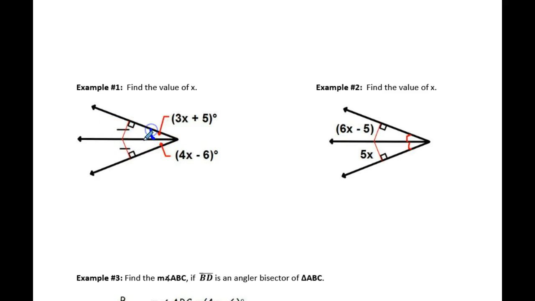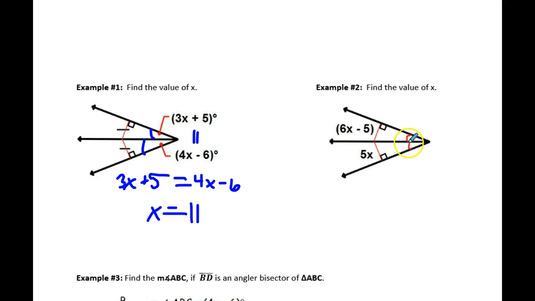If it lies on the angle bisector, then these two are congruent. So those are equal. You just set it up: 3x plus 5 is equal to 4x minus 6. And once you solve for x, you should get that x equals 11.